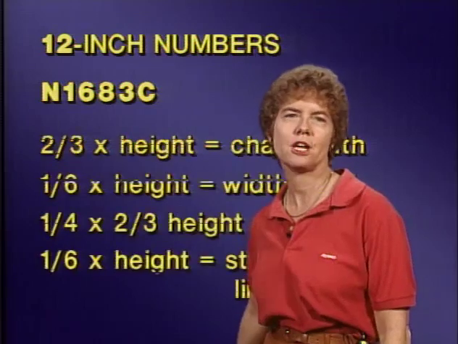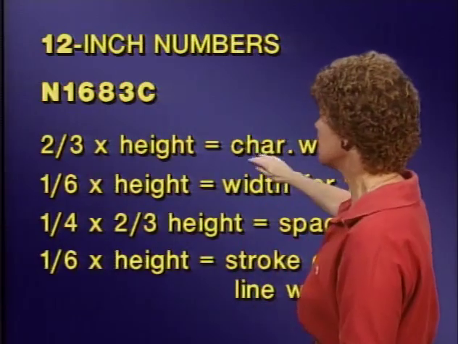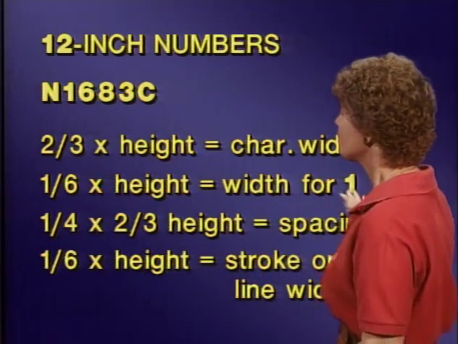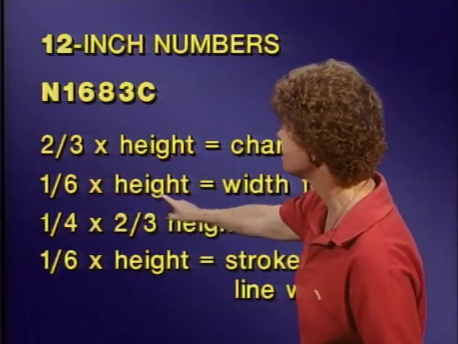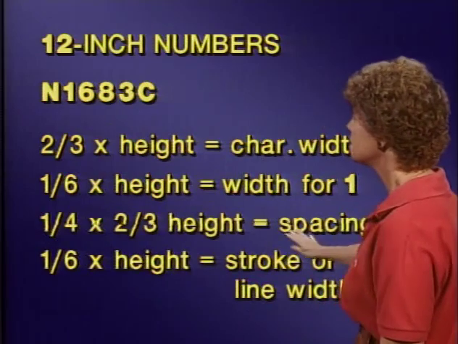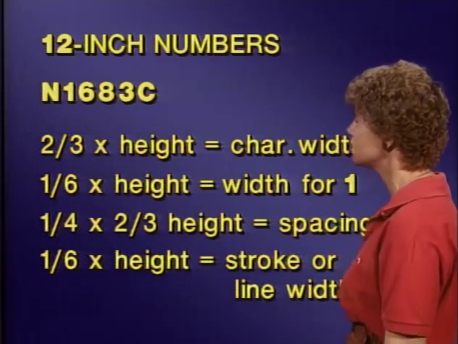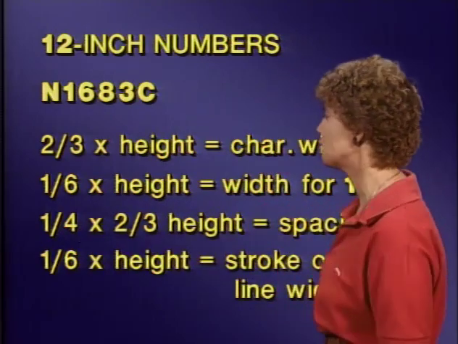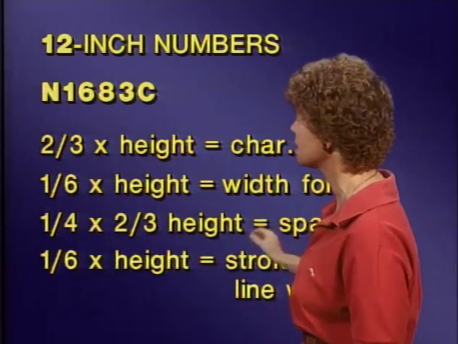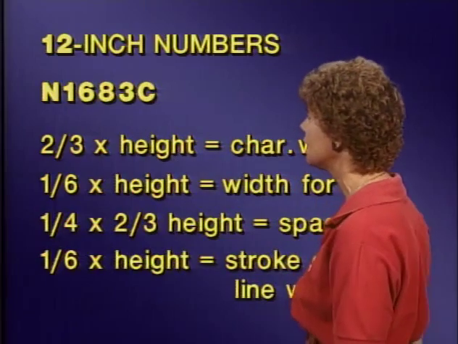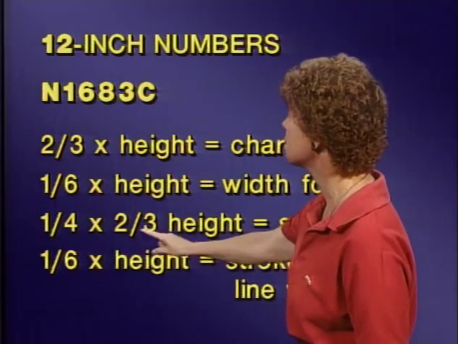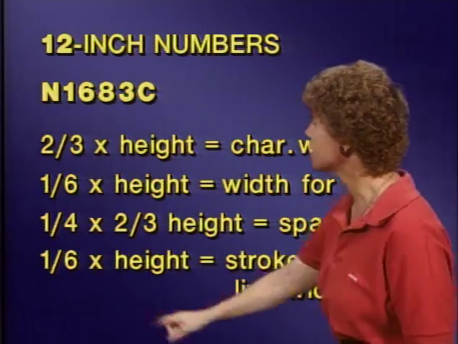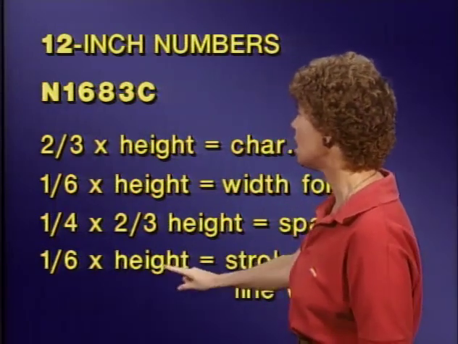The character width has to be 2/3 of the height, the width for the 1 has to be 1/6 of the height, and the spacing between the characters has to be 1/4 of the character width, which basically boils down, since the character width is 2/3 of the height, to 1/4 of 2/3 of the height. And the stroke or line width has to be 1/6 of the height.